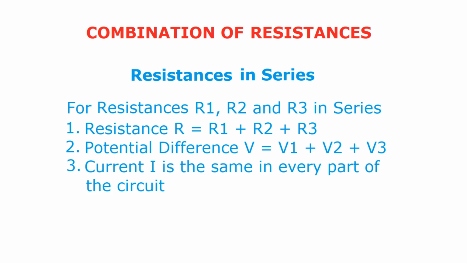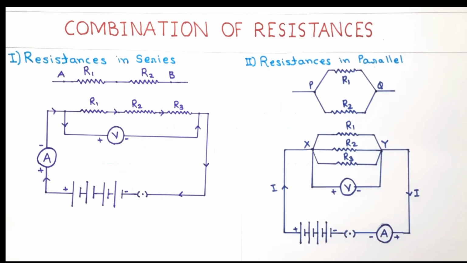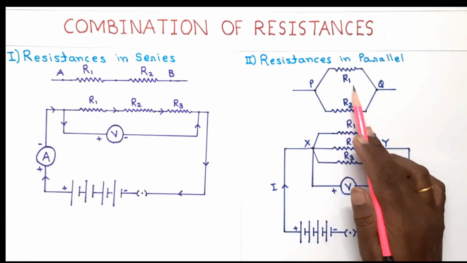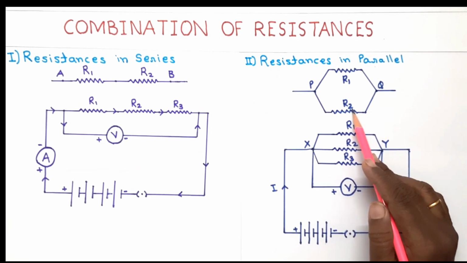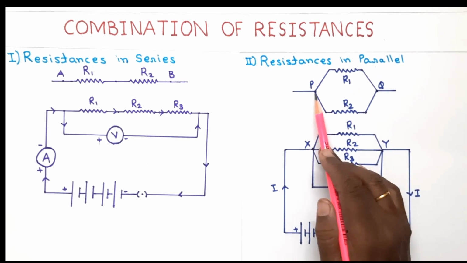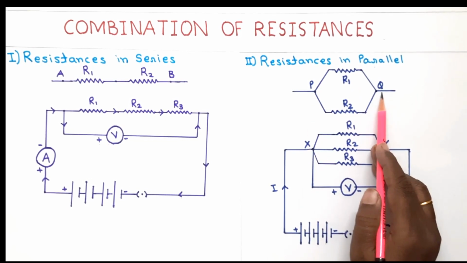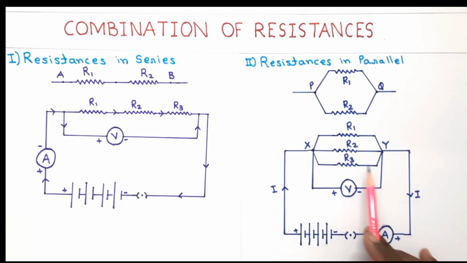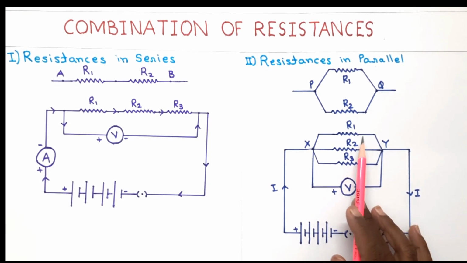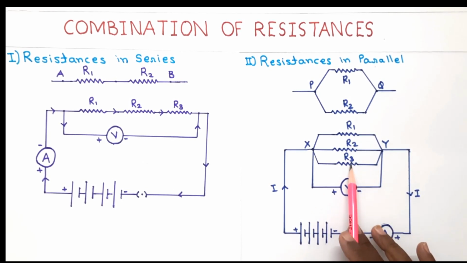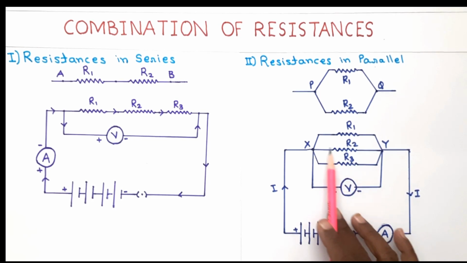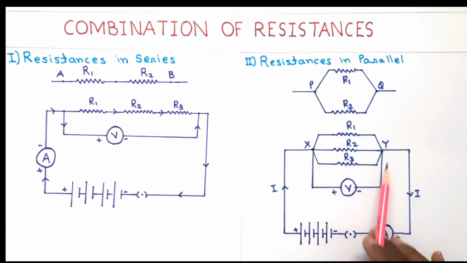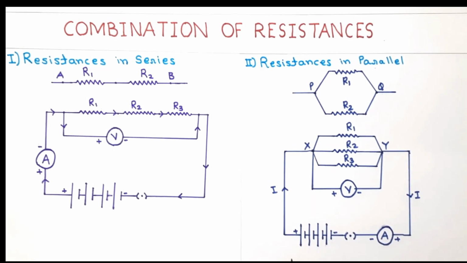Now we will see the resistances in parallel. Here resistance R1 and R2 is connected in parallel between the points P and Q. This is a typical circuit showing resistances R1, R2 and R3 connected in parallel between points X and Y of this circuit.